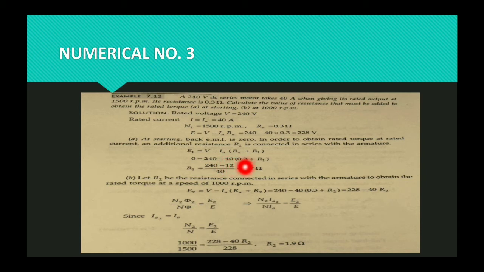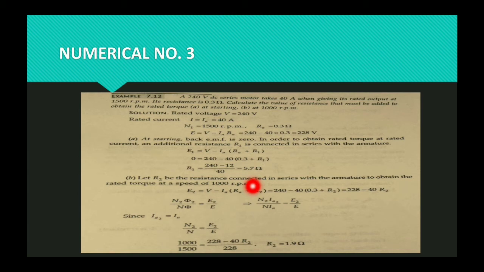In standstill mode, the value of E equals 0. So V equals 240 minus 40 into (0.3 plus R1), where R1 is the resistance we have to find. So the value of R1 equals (240 minus 12) by 40, equals 5.7 ohm.